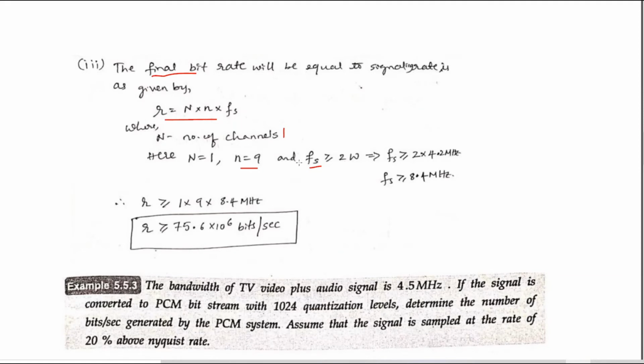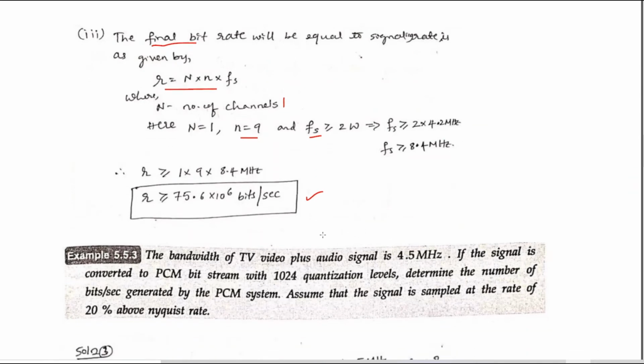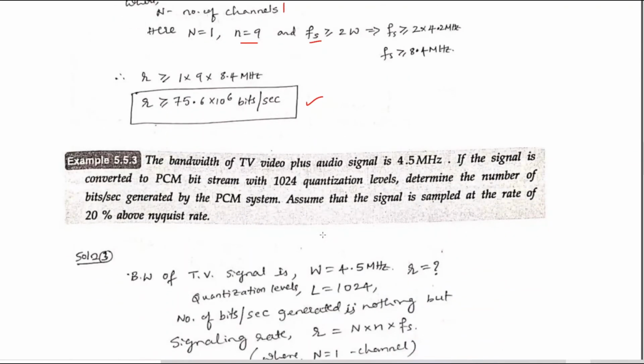Using this, we can write that the signaling rate must be at least equal to 75.6 megabits per second, or Mbps, the same thing which we generally use when we talk about data speed of our internet communication or mobile communication, correct? So that's all about the second problem.